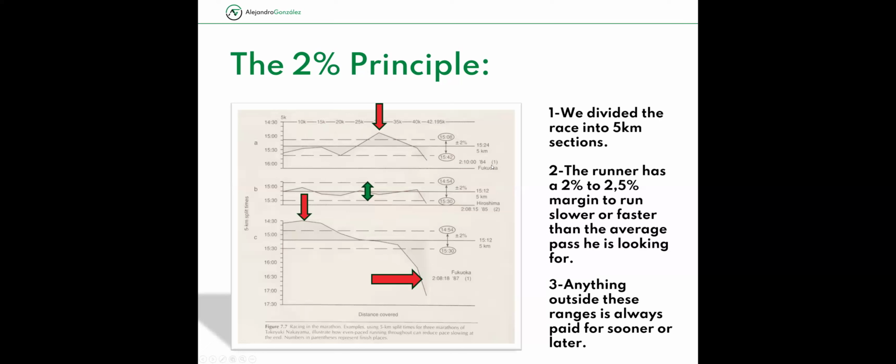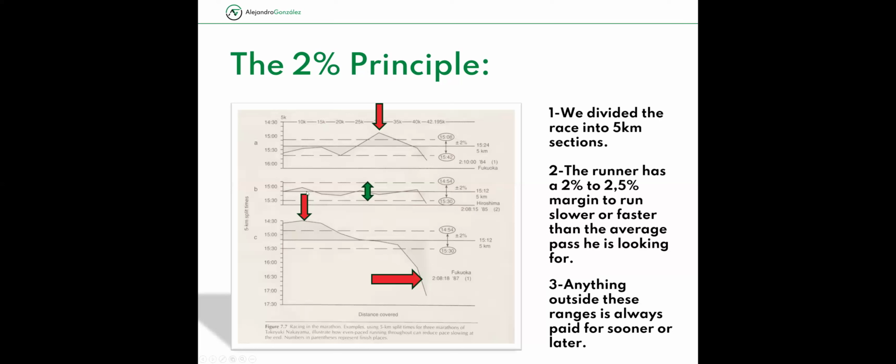He finished first in that race with 2 hours and 10 minutes. The next year, he did 2 hours, 8 minutes, 15 seconds. And as you can see here, he followed that strategy.